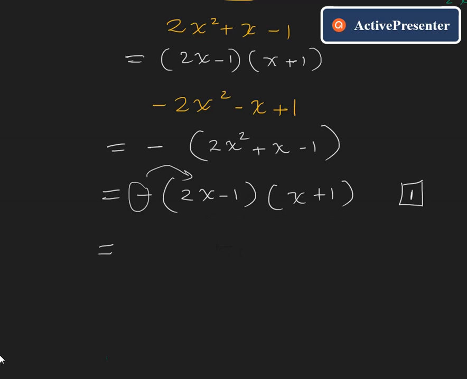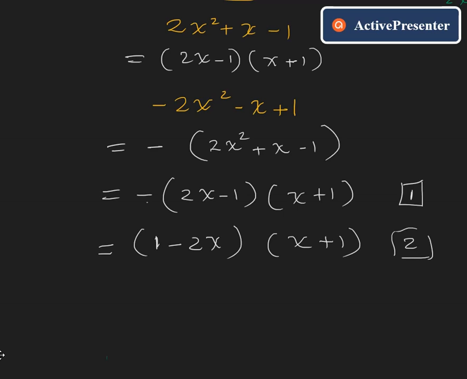I will take now this binomial, so if you take it inside, that should be negative multiplied in minus 1 is positive 1, and the negative multiplied in 2x is minus 2x. This will remain the same, x plus 1. This is a second way.